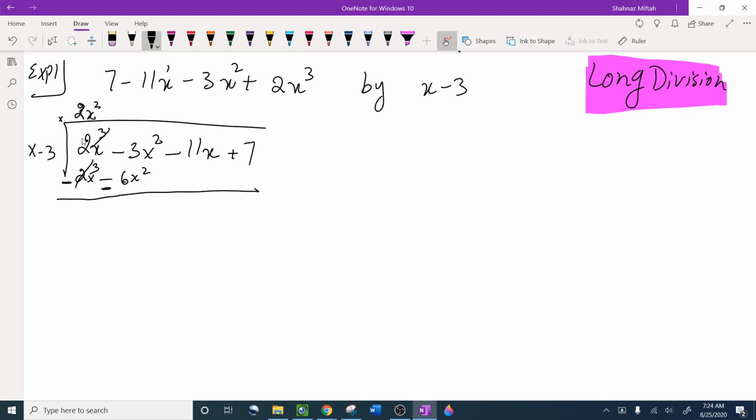These two cancel out because this is positive, that's negative. Now, negative in negative is going to turn positive, and I'm going to erase that. Now, you subtract, it's going to give me 3x squared. Minus 11x goes down exactly the way it is.